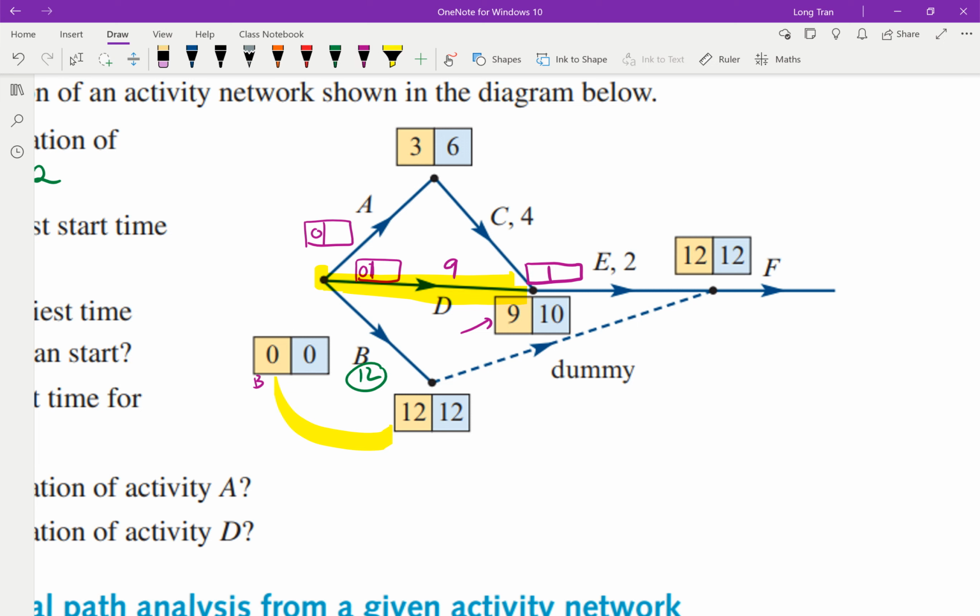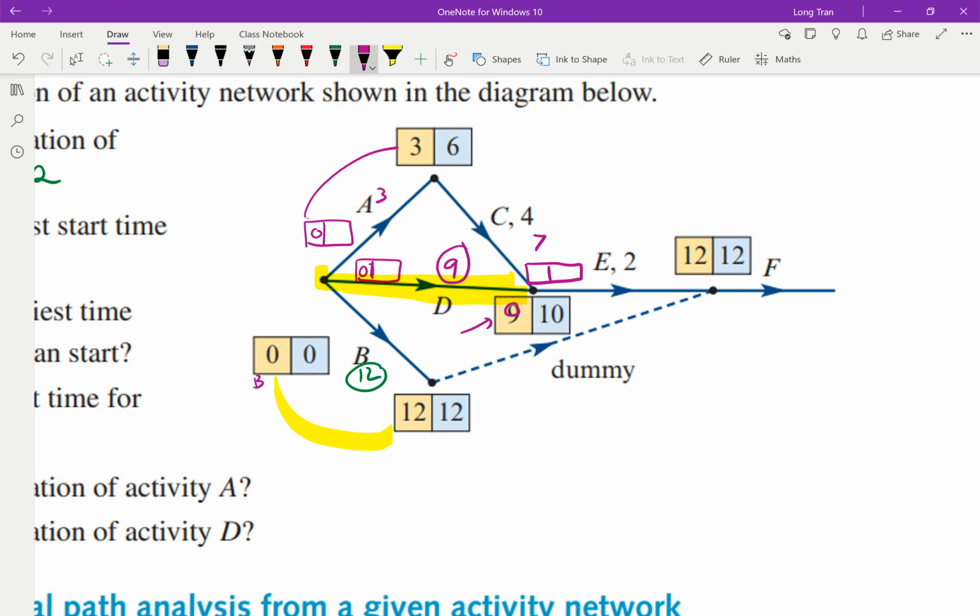Starting is 0 to get here, that implies A is 3. Then from 3, this has a weight of 4, so 3 plus 4 gives me 7. But out of the 2, 9 is a bigger value, which is why the box there is clearly a 9.